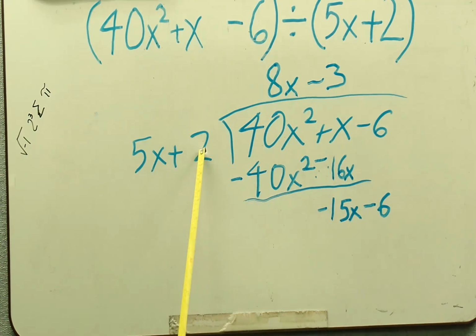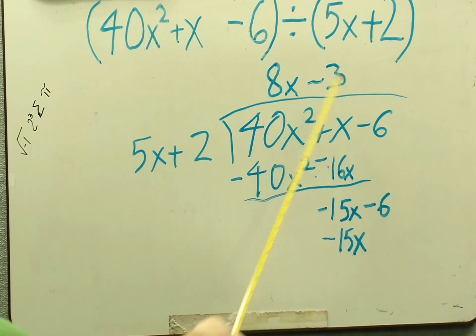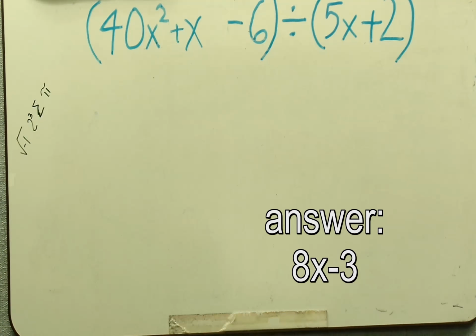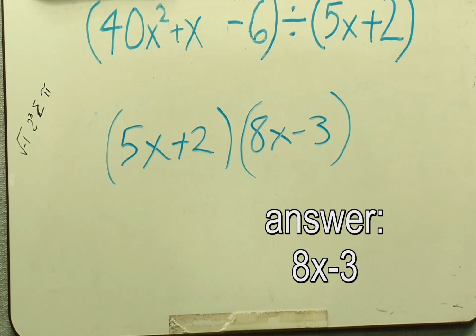Negative 3 multiplied by that 2 is negative 6. Let's go ahead and write that down. And then change the signs and run the numbers through. Minus 15x with a positive 15x is a 0. Negative 6 with a positive 6 is a 0.